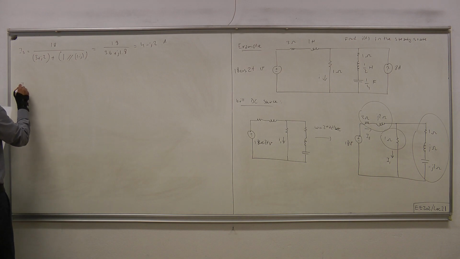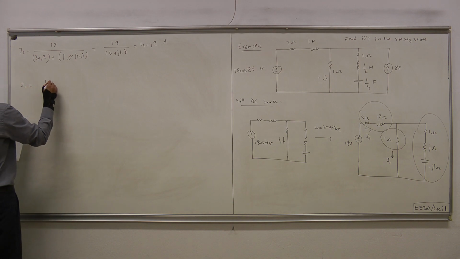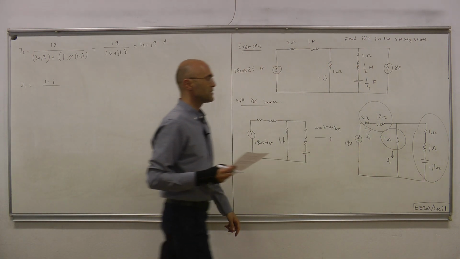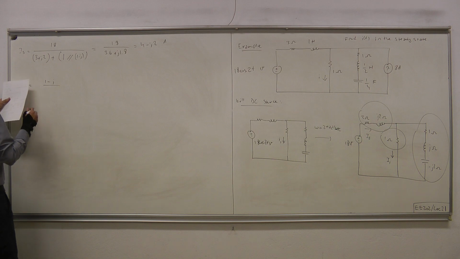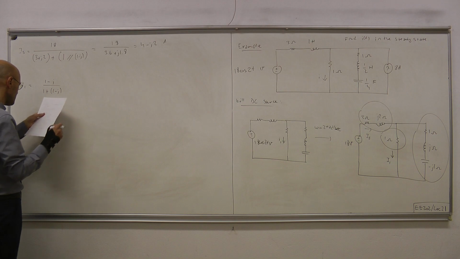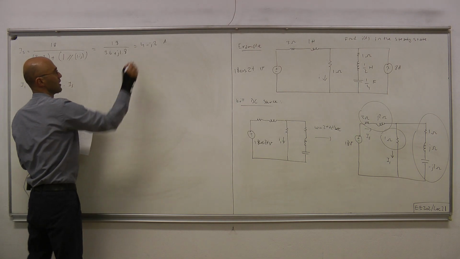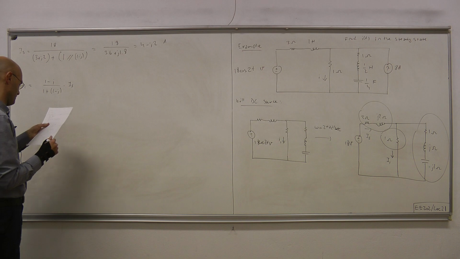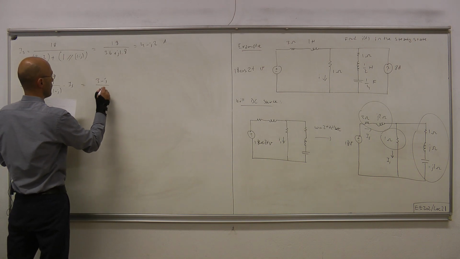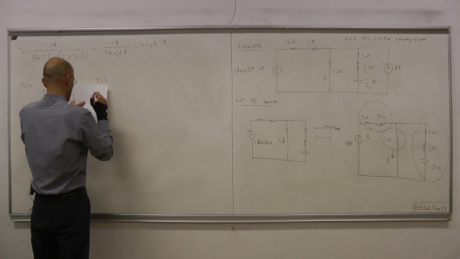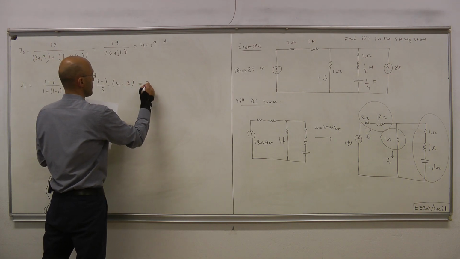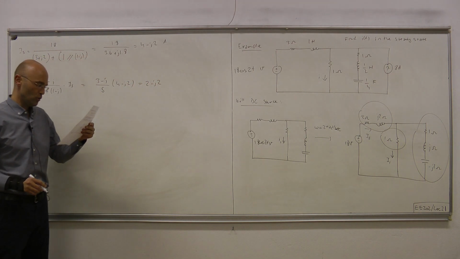Hence I1 equals by current division 1 minus j, which is our Z2 in a sense, divided by 1 plus 1 minus j, times the current that we have just computed, IS. So that equals 3 minus j over 5 times 4 minus j2, and that turns out to equal 2 minus j2 amps.